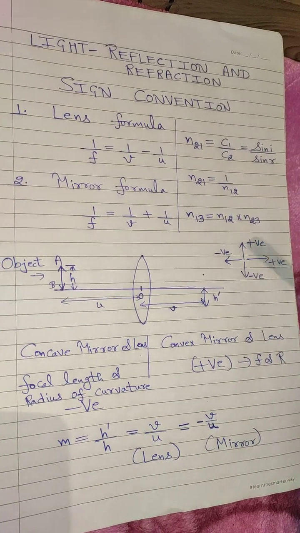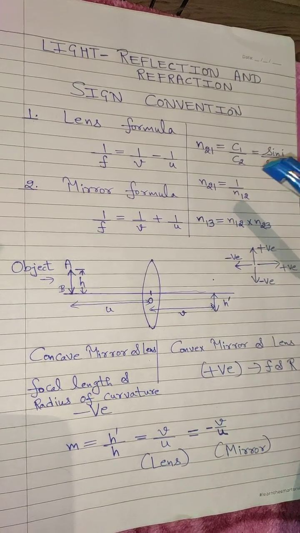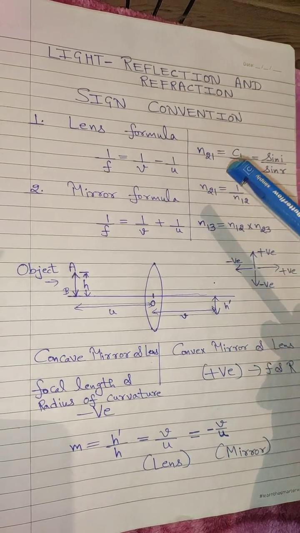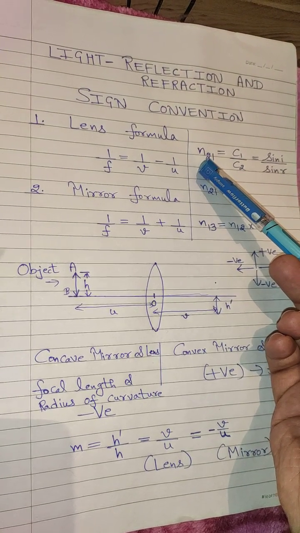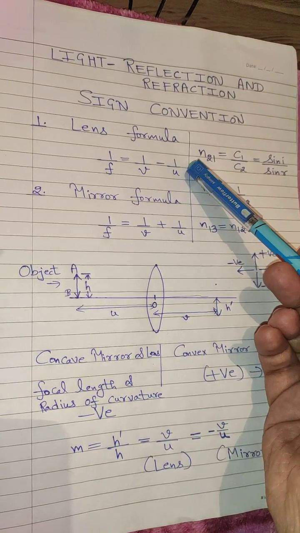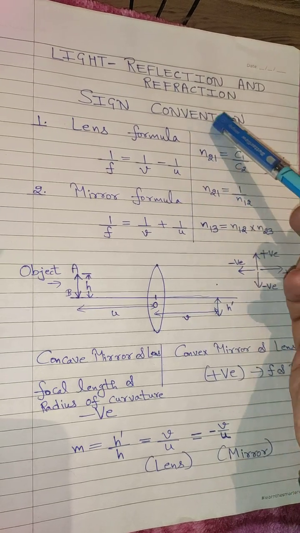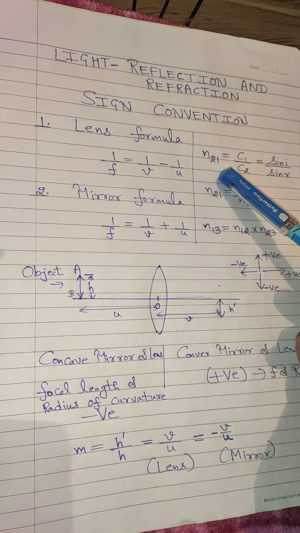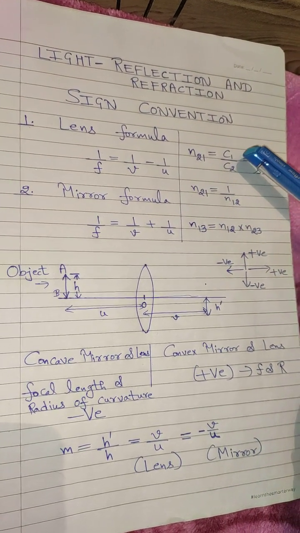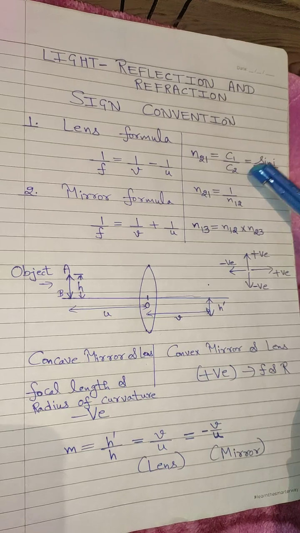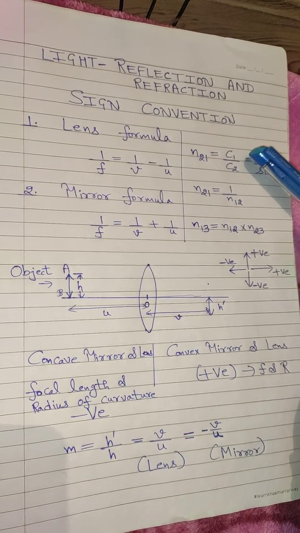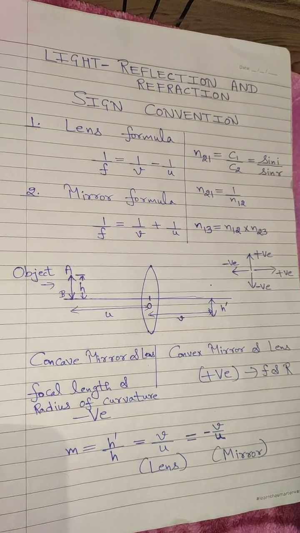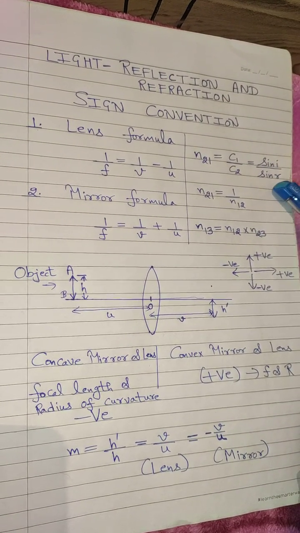In other formulas we have the formula of refractive index. Here this symbol n21 is the symbol of refractive index, called the refractive index of medium 2 with respect to medium 1, and it is equal to c1/c2. c1 is the speed of light in medium 1 and c2 is the speed of light in medium 2, and it is equal to sin i/sin r.